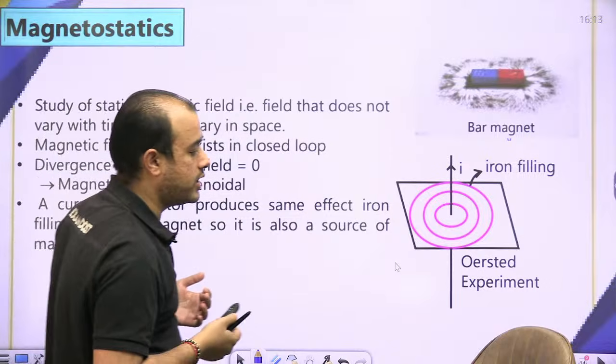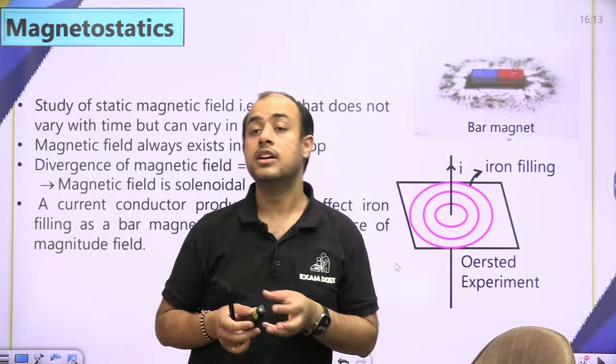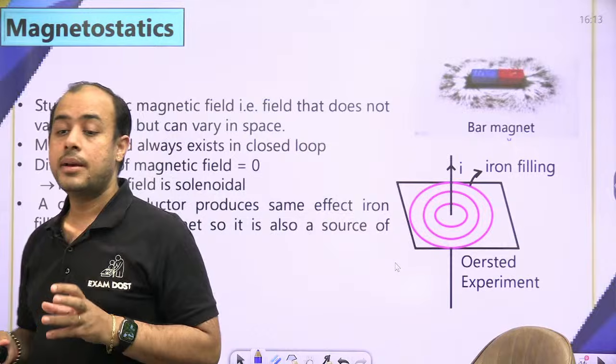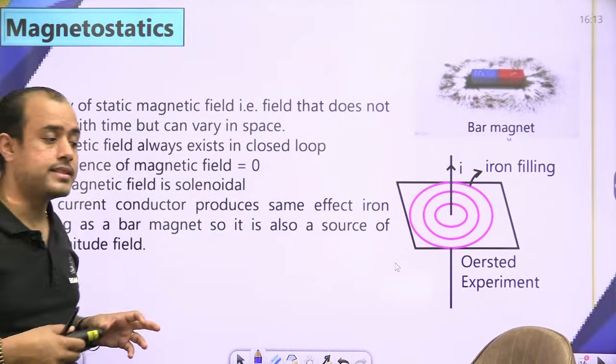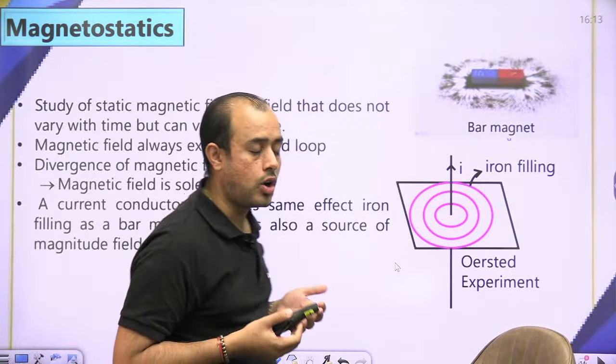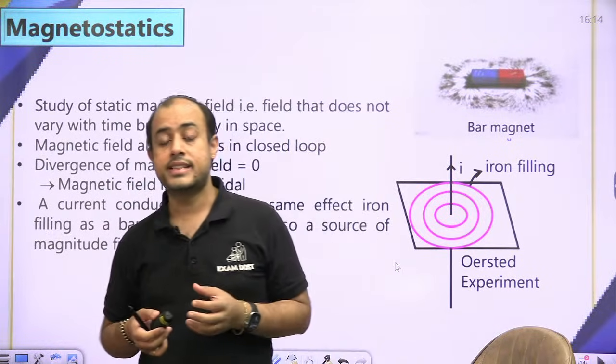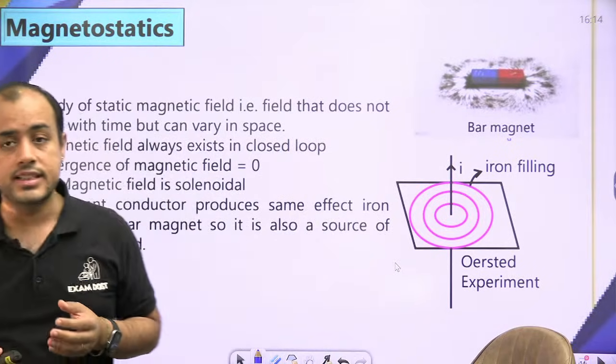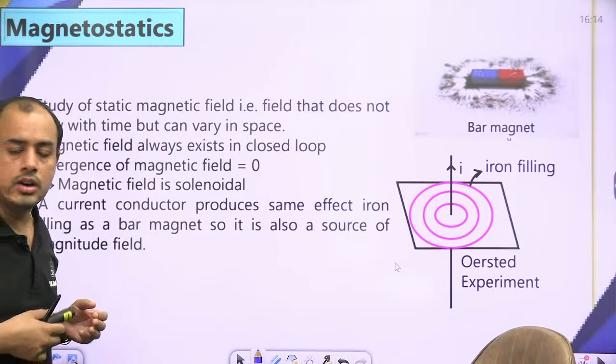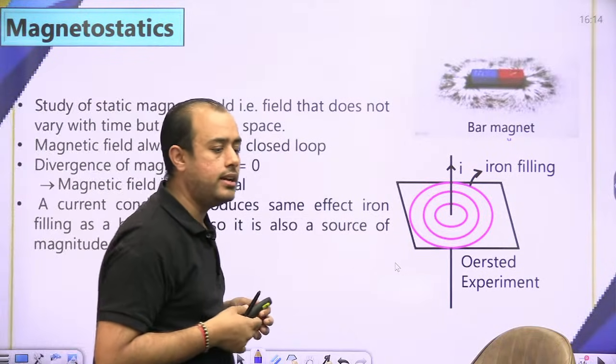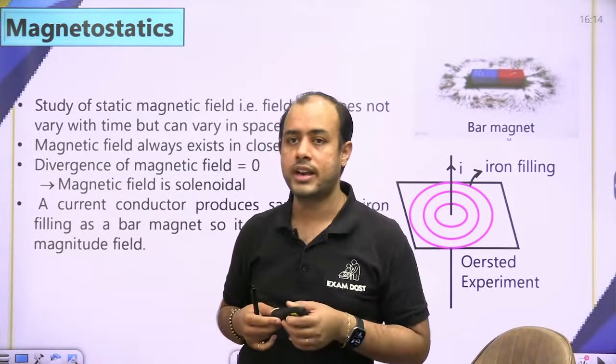Actually, the word solenoidal has originated from magnetic field only. The pattern of magnetic field is such that its divergence is always zero. So whenever the divergence of any vector field is zero, it is similar to a magnetic field and we call it solenoidal.